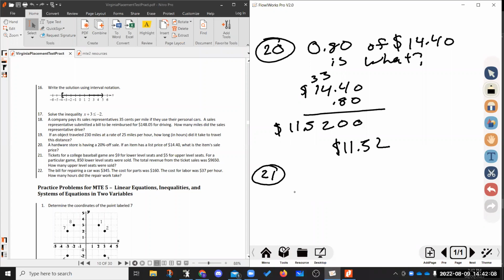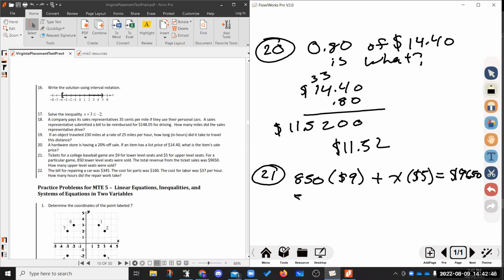Number 21 says tickets for a college basketball game are $9 for the lower level seats and $5 for the upper level seats. For a particular game, 850 lower level seats that were sold at $9 each were sold. We have the unknown amount of upper level tickets were sold at $5 a piece, and we have $96.50 was in the cash box tonight.